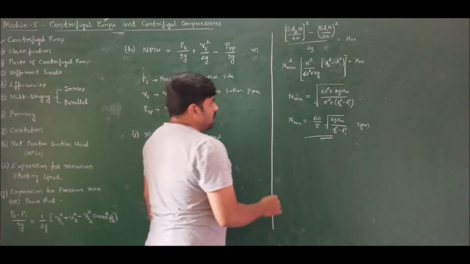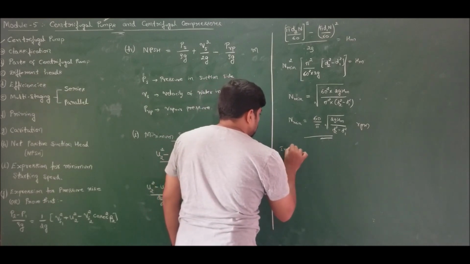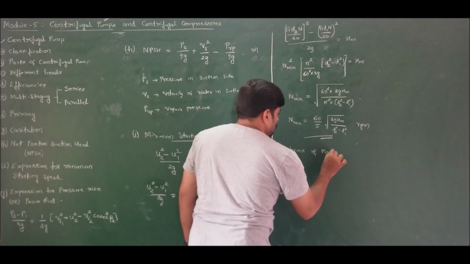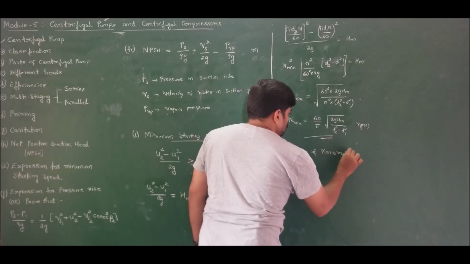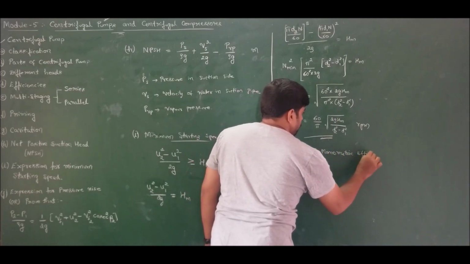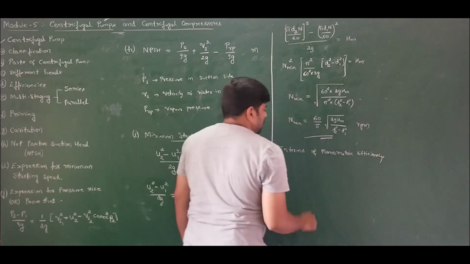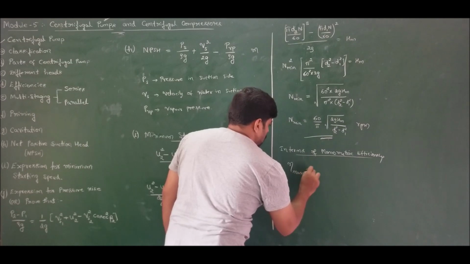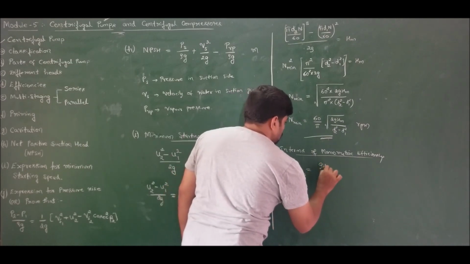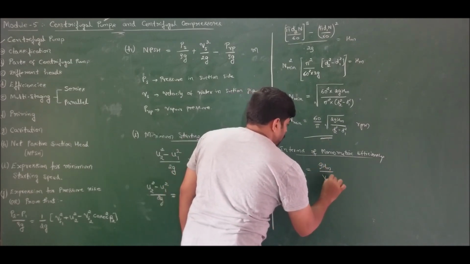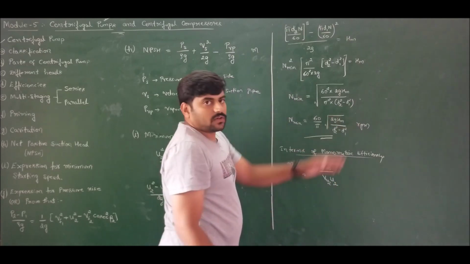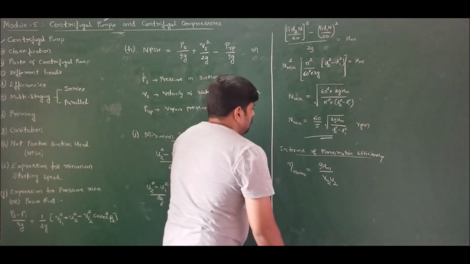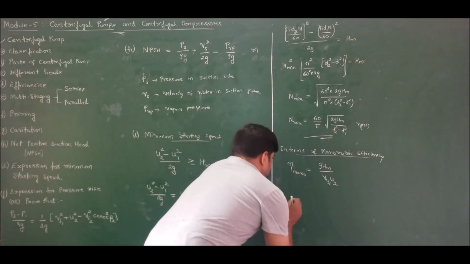If I use manometric efficiency, then in terms of manometric efficiency, we have eta manometric is equal to g Hm by Vu2 U2. Just now I have explained this manometric efficiency. I can find the value of Hm.